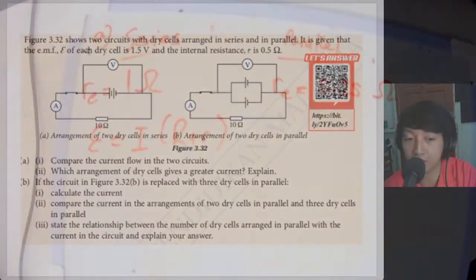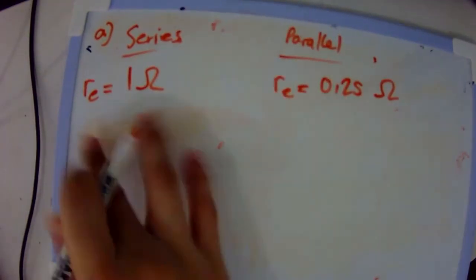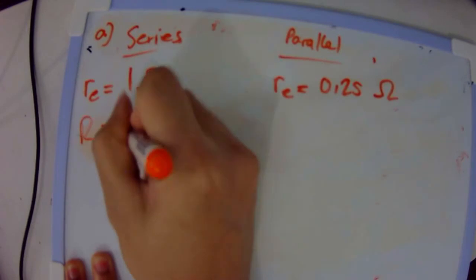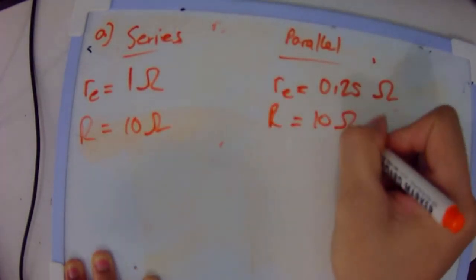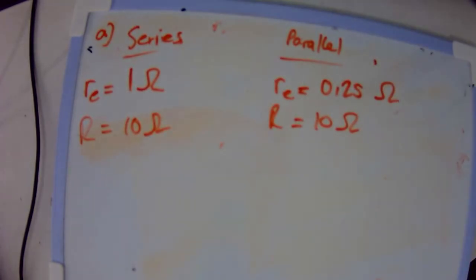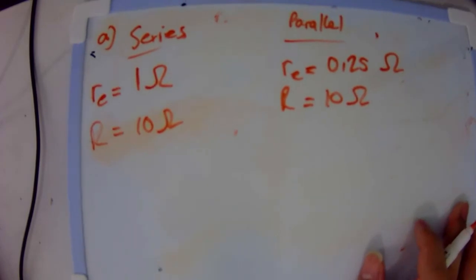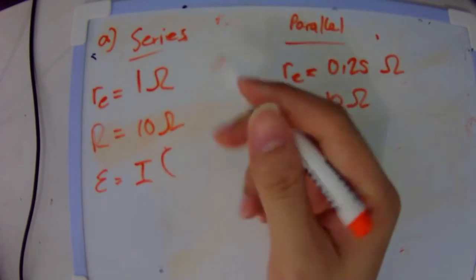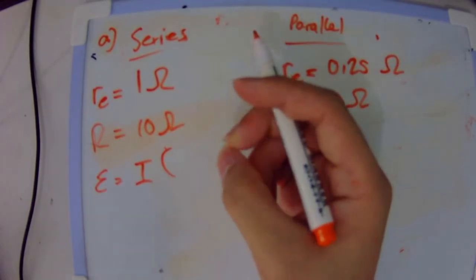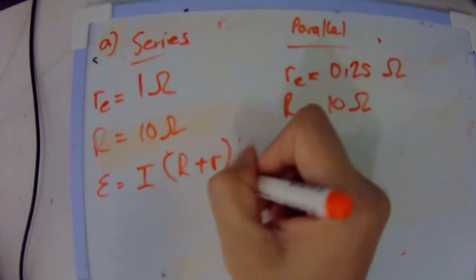Let's write that down. So R, external resistance, is 10 ohms. On the other side also, R equals 10 ohms. Let's go back to the electromotive force. Electromotive force equals I times (R plus r).